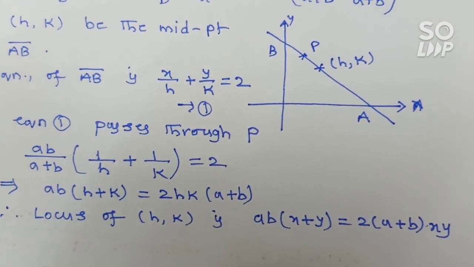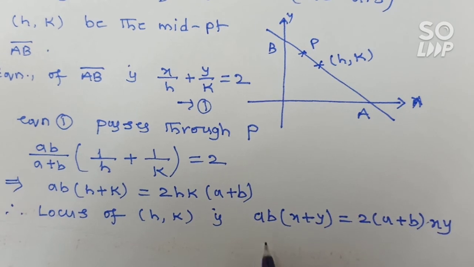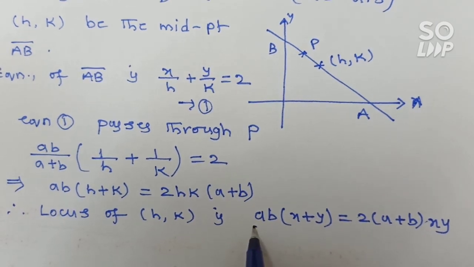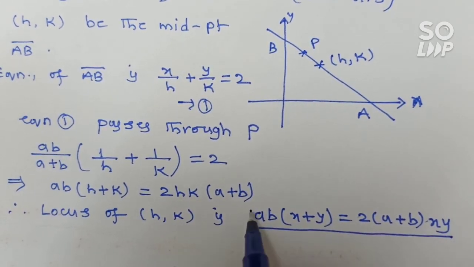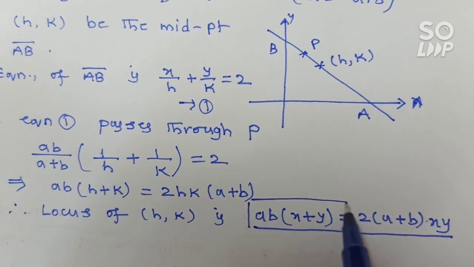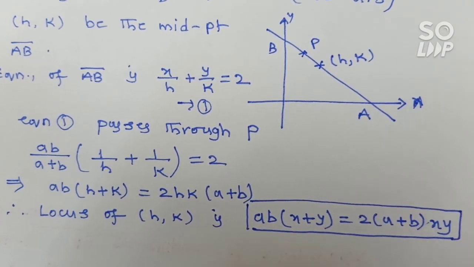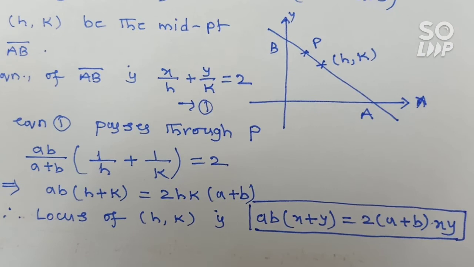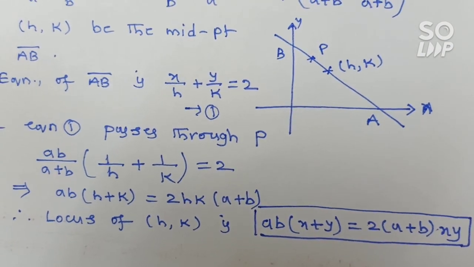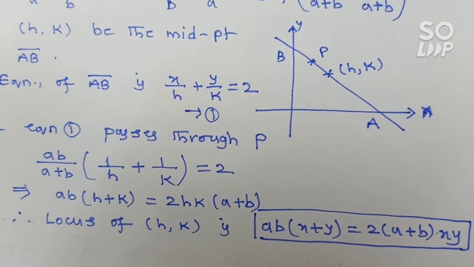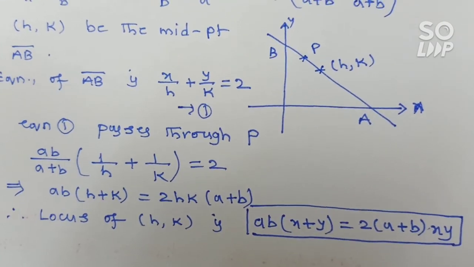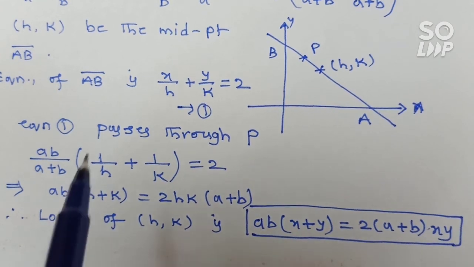So this is the locus of the midpoint of the variable line. Okay, this is a very important question. Previously, it has already been given in various competitive examinations. I hope everybody understands this one.